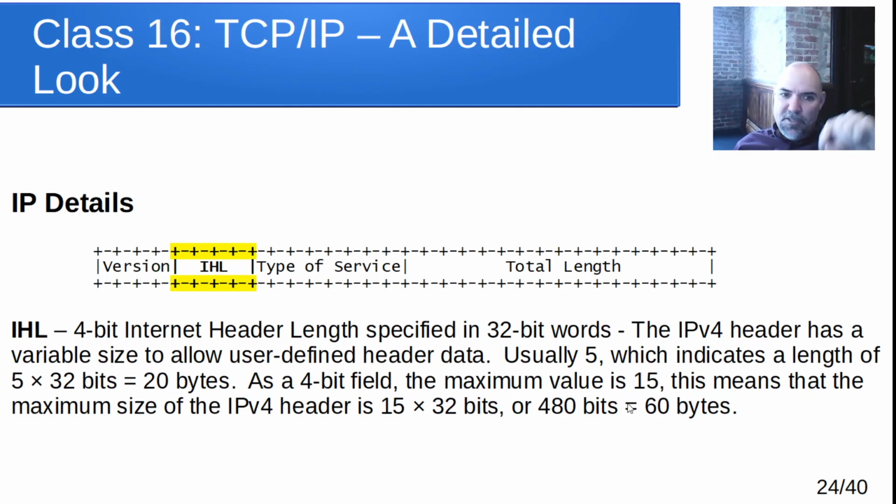Similar in nature to the TCP packet that says this is how big the header is, and you can specify that and make it longer if you wanted to add extra stuff in there. Almost always, though, it's 5. But the range of values would go from 5, in the typical case, up to 60 bytes.